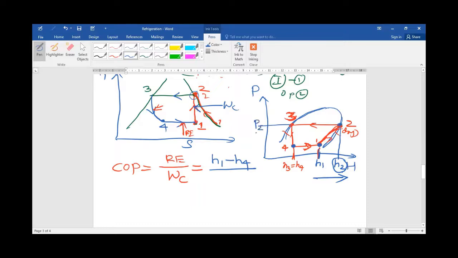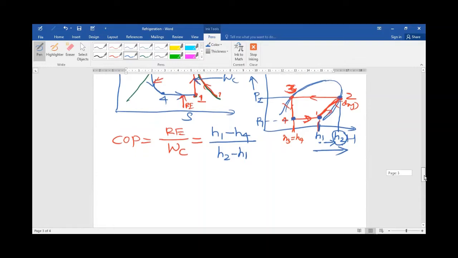Pressure at point number 2 is also more than at point number 1, because that is on the y-axis. On the x-axis, H1 is less and H2 is more. So you write H2 minus H1. This is the formula. Now, my dear students, I will give a hint on how to solve this numerical. I will not write all the values.